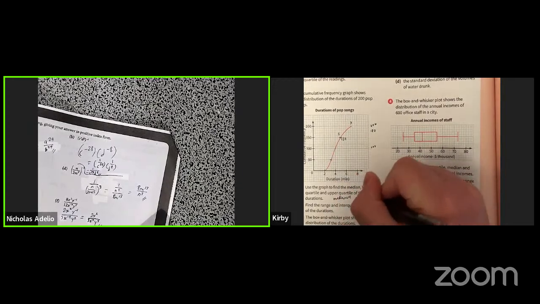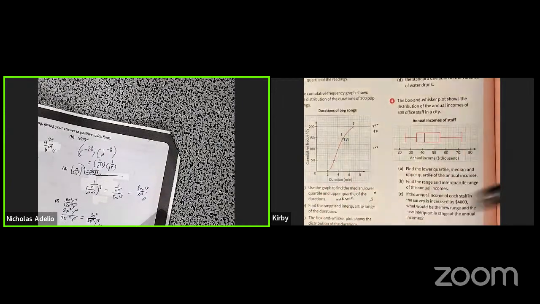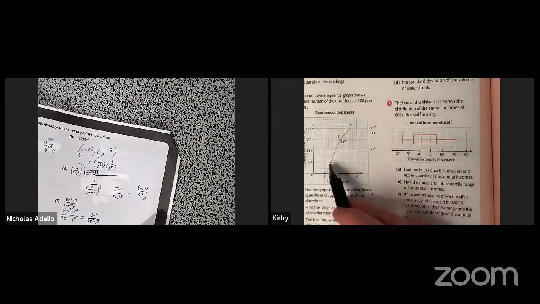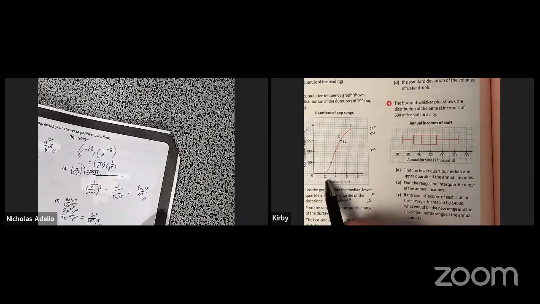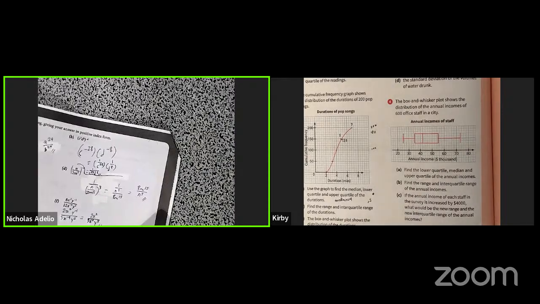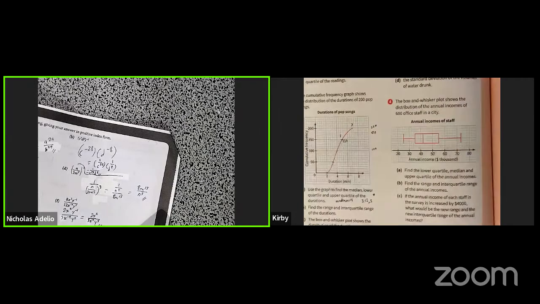I'm checking the answer. What would that be, Kirby? You take your time and find out what that is. H minus 5, J minus 9, K2 times 3H, J3, K minus 4.